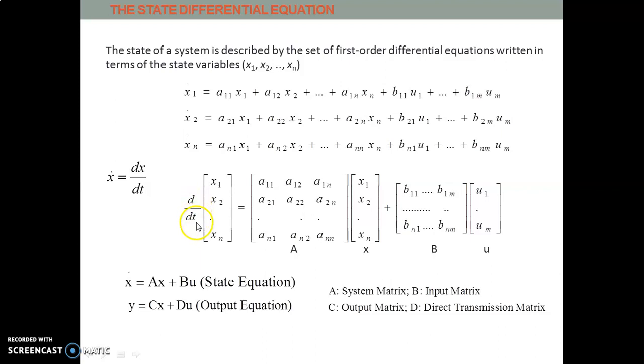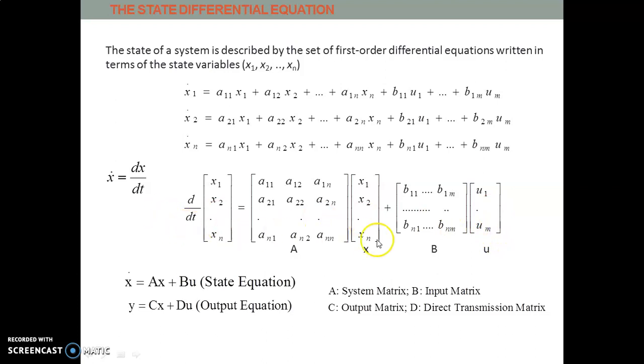That is d by dt of x, where x is a state vector consisting of state variables x1 to xn. Simply, you can write this as x dot, equal to the matrix of coefficients A times x, where x is again the state vector, plus the B coefficients B11 to B1m and so on to Bnm times the matrix u, consisting of u1 to um.